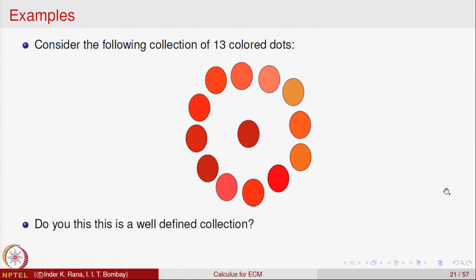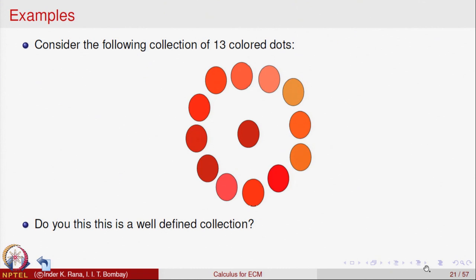Let us count. Yes, they are 13 in number. The question is, do you think this is a well defined collection? Well, you are given the objects, so it is a well defined collection, no doubt about it. This is a well defined collection of 13 dots.